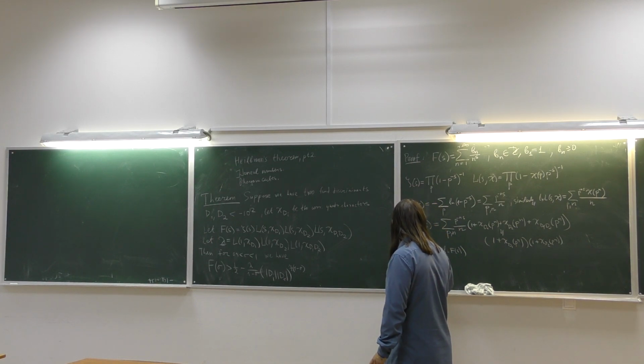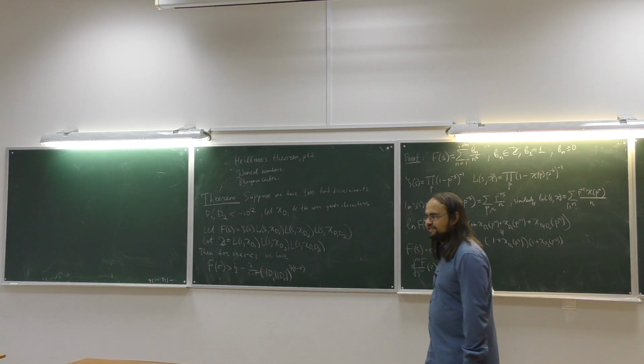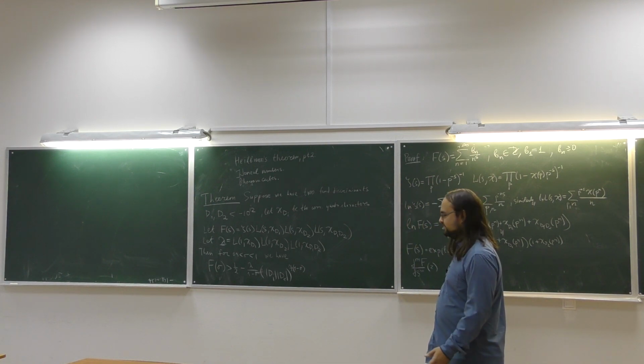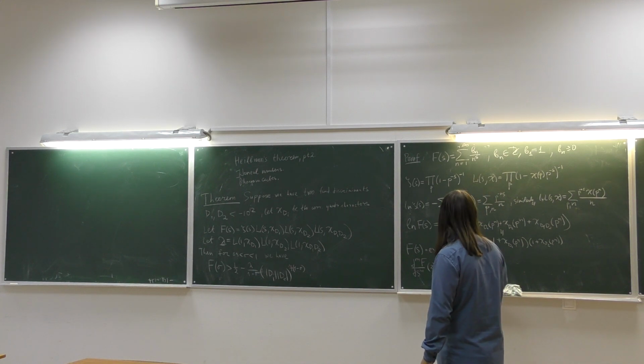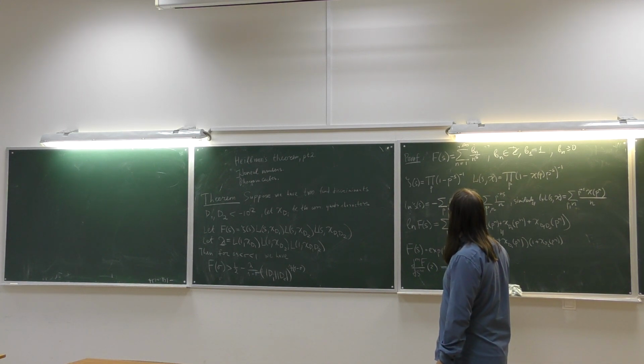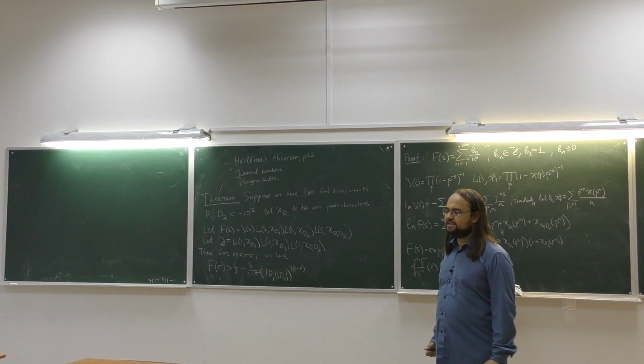Let's take the m-th derivative of f, d^m f over ds^m, at 2. So let's take a derivative and plug s equals 2 inside of it. What do we get? What is the nth derivative of n to the minus s?